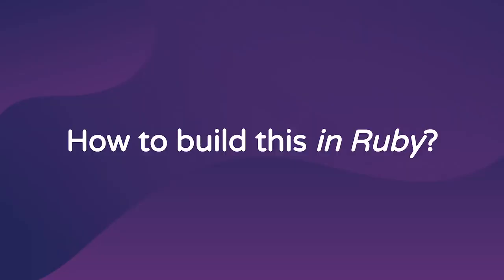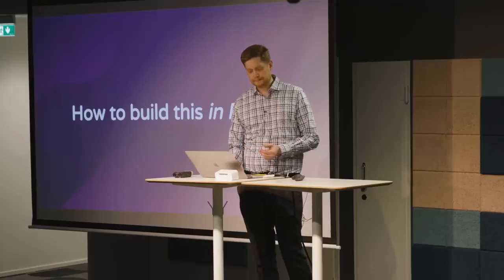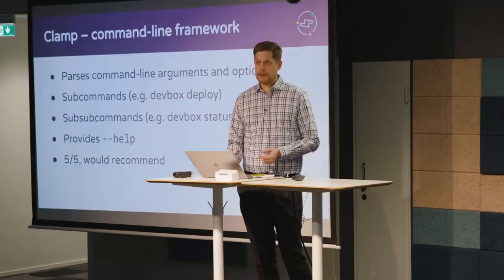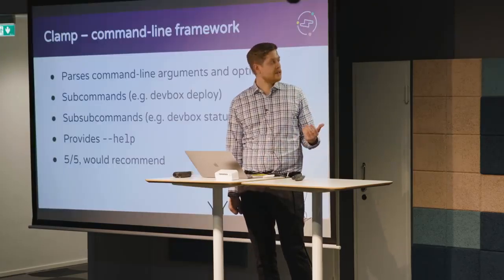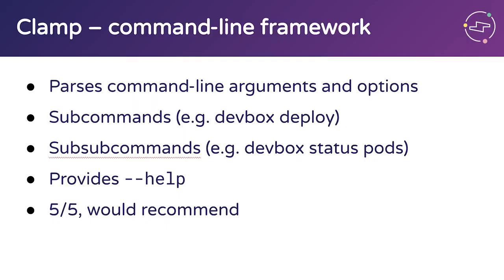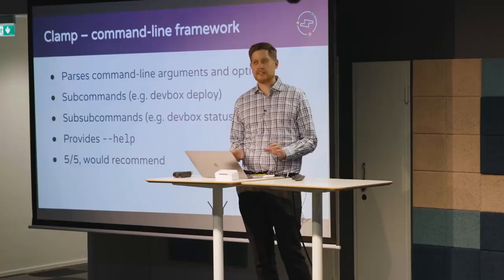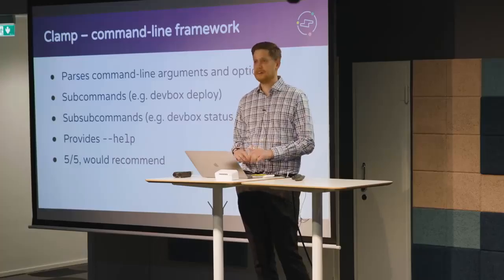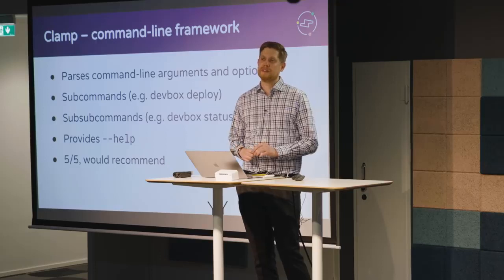But this is a Ruby meetup, so how would you build this in Ruby? Because that's what we did. We didn't start with Clamp. We originally built it by hand, thinking that we could make it a no-gem-dependency project, which would be nice for distribution.